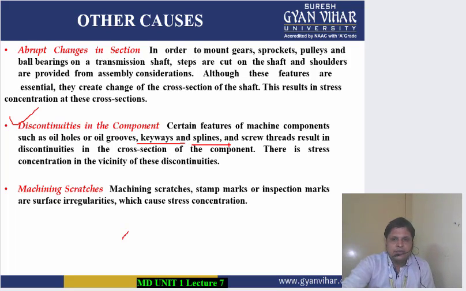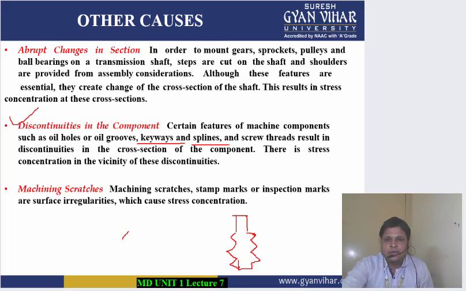Sometimes there are splines cut on the shaft. There might also be some threads. You all know there can be threads on a rod. So these threads also increase the stress concentration. These are the discontinuities in the component.